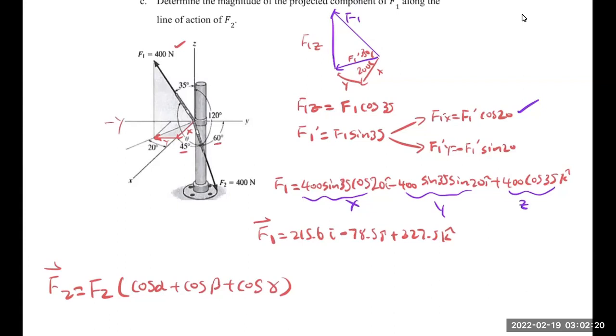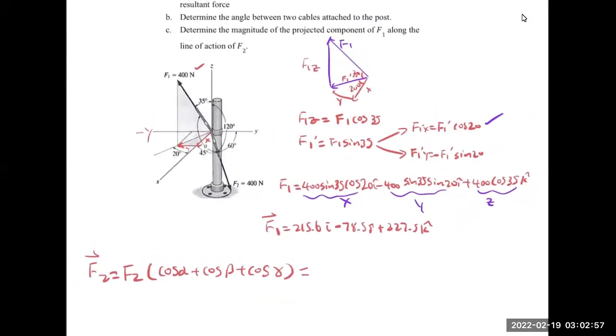And gamma is from the positive z-axis to F2, which is 120. Alpha, beta, and gamma are always measured from the positive axis to F2.